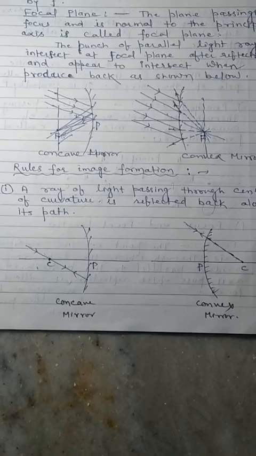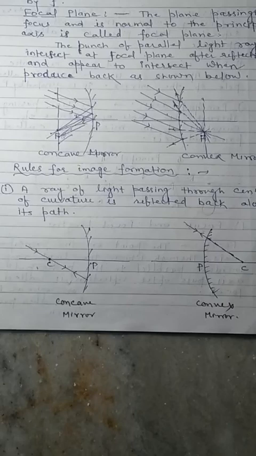And number 4, a ray incident at the pole. Any 2 rays can be taken to draw image formation by concave or convex mirror.